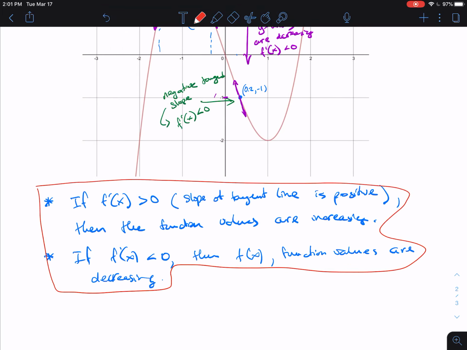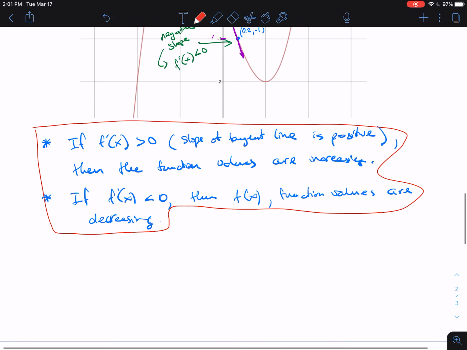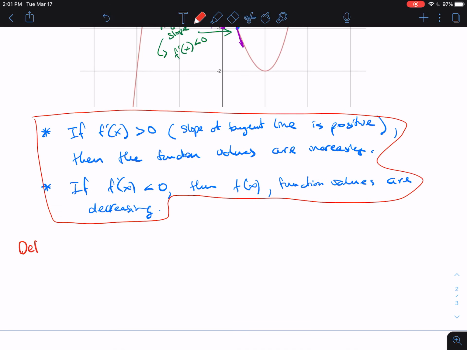But I want to define a little more formally what it means for a function to be increasing or decreasing in terms of math notation.